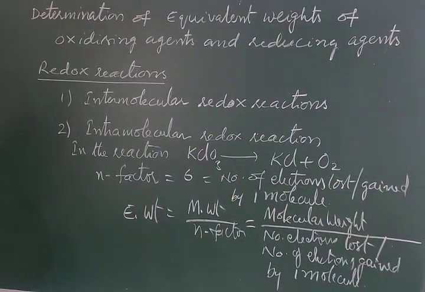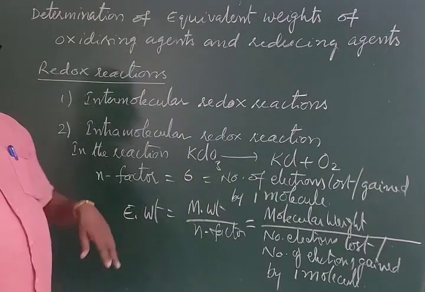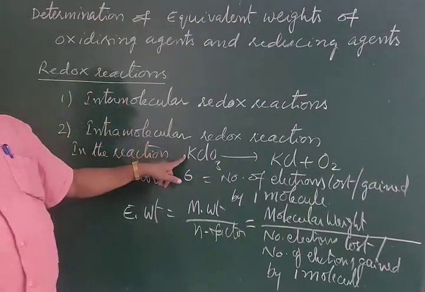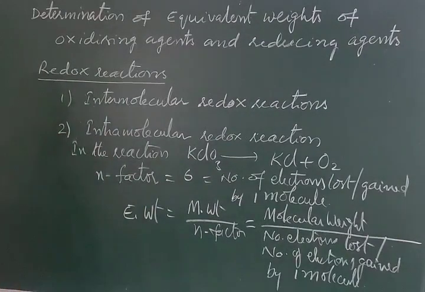If a substance acts only as an oxidizing agent, the N factor is the number of electrons gained by the molecule. If the substance acts only as a reducing agent, the N factor is the number of electrons lost by the molecule.